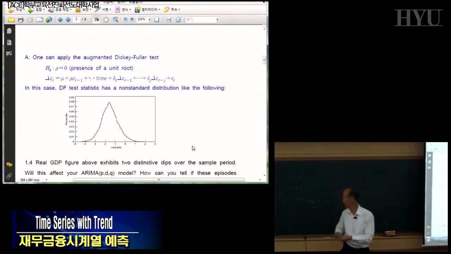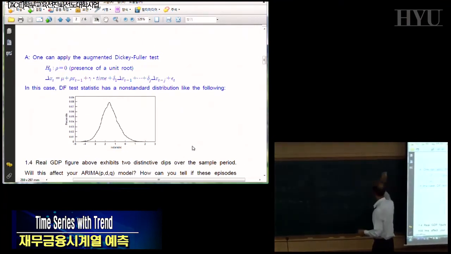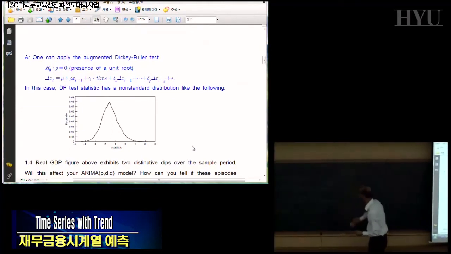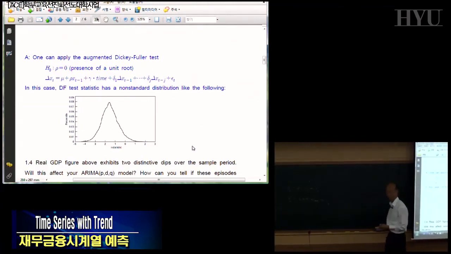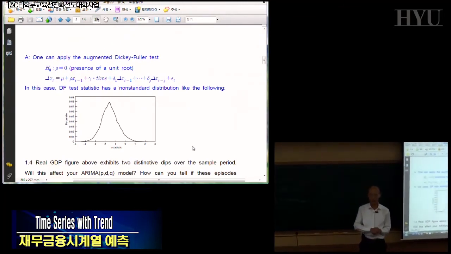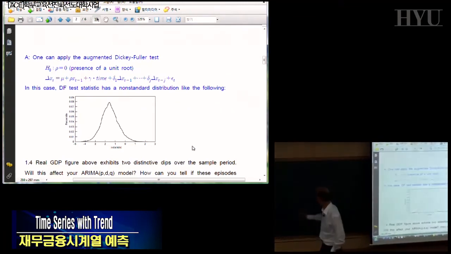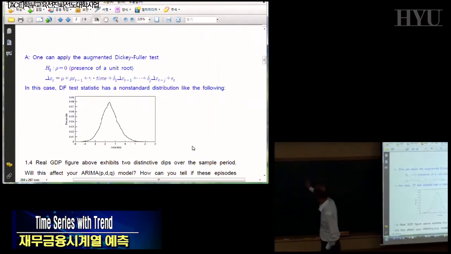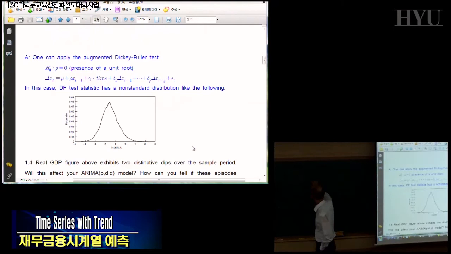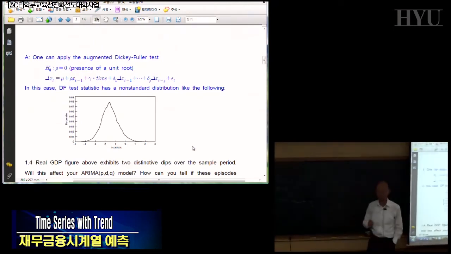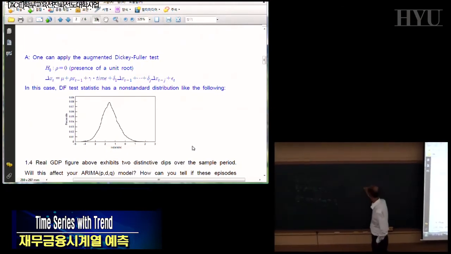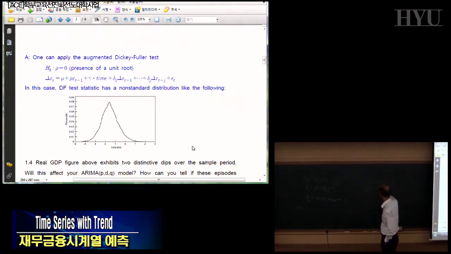So you can say, let's say you want to test whether rho is 0. So you calculated rho, let's say minus 0.12, along with the t value. Suppose you found 2.02.